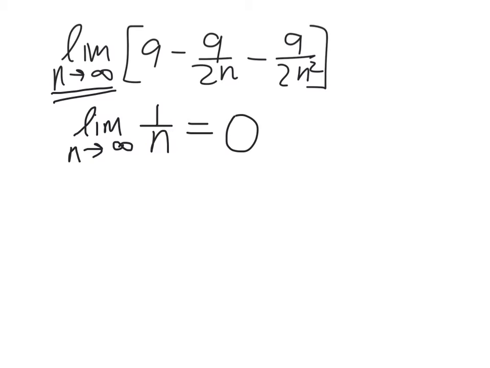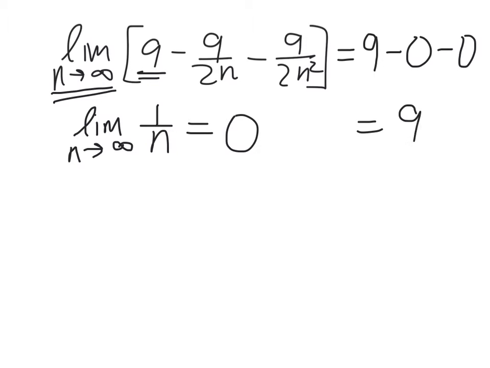So as we apply that limit, that property up here, well, the first one, the limit of a constant, is just that constant. But then we have 9 over 2n. We have the n in the denominator. That part goes to 0. And n squared in the denominator, that part will also go to 0.